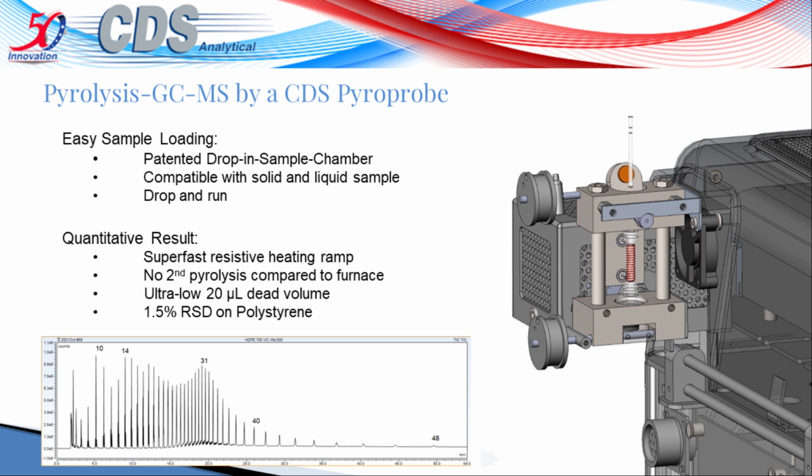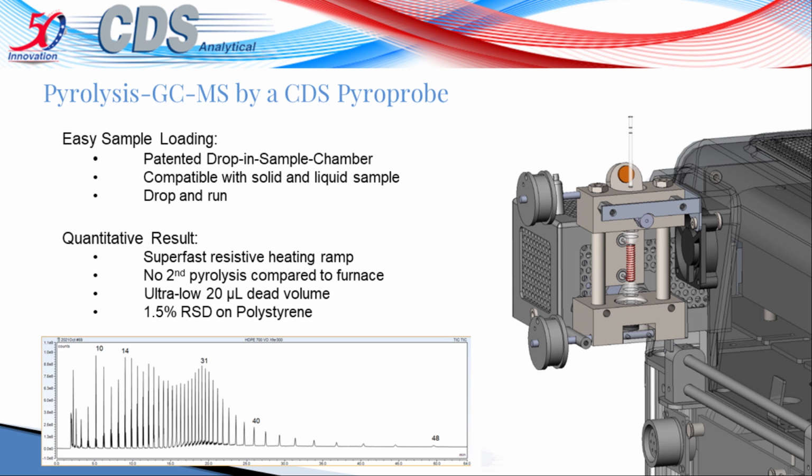So how do we do pyrolysis? A CDS pyroprobe uses a resistively heated filament, which can rapidly heat the sample to the set point temperature. There's a specifically designed sample tube, which we call the drop-in sample chamber tube, which precisely aligns the sample to the center of the heated zone where the drop-in sample chamber is calibrated.